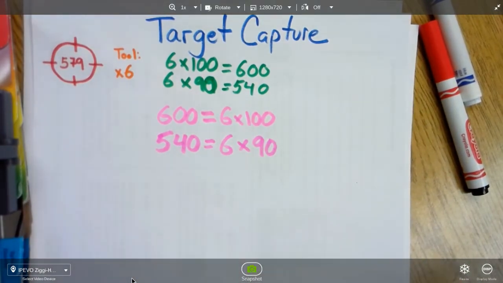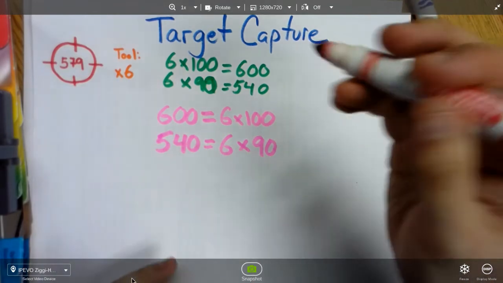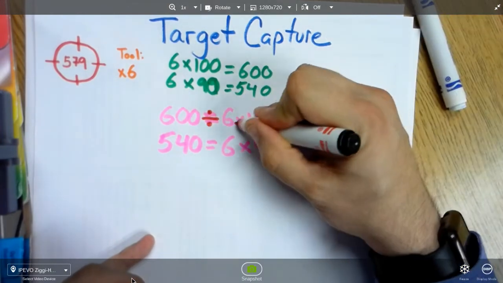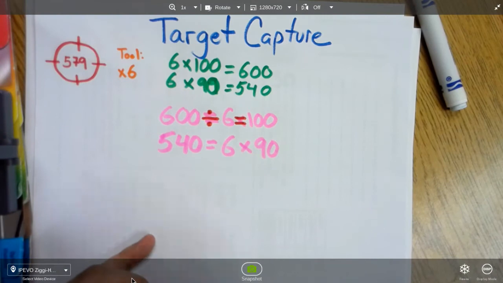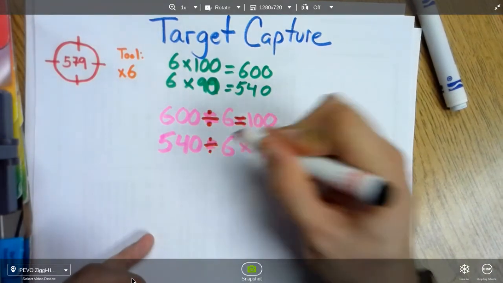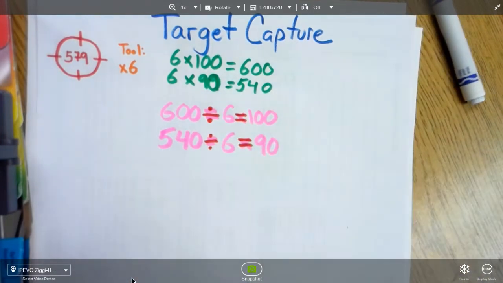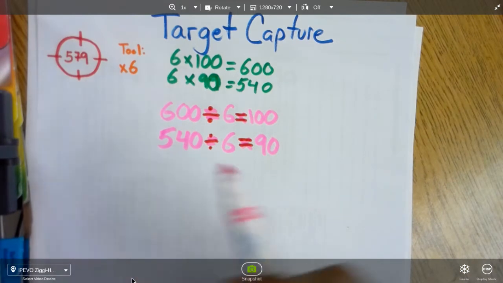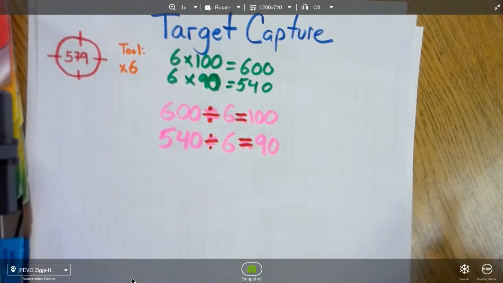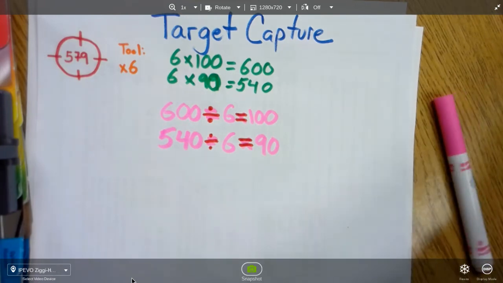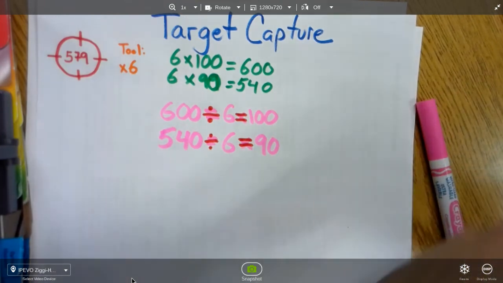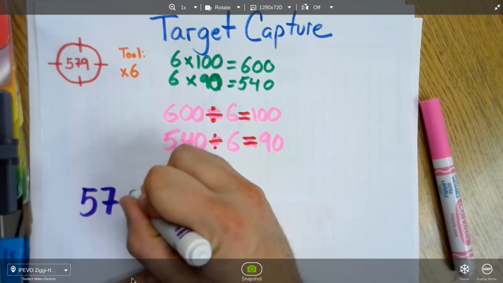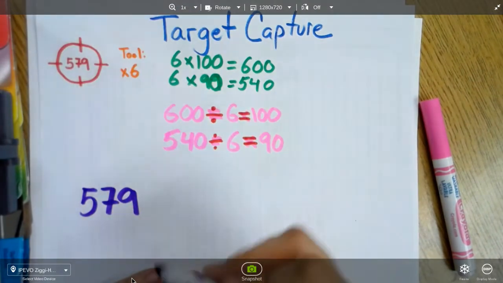The reason why I rewrote that is because I can swap out some of my symbols and turn this into a division problem. I can say 600 divided by 6 equals 100. And I can say 540 divided by 6 equals 90. And so I'm able to recognize the similarities between multiplication and division here. So let's say somebody gave me the division problem 579 divided by 6, using my target number from the beginning.